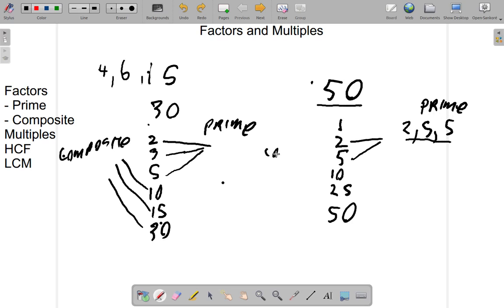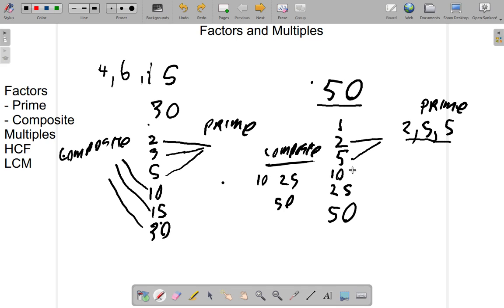Composite over this side. The composite ones would be, there is 10, there is 25, and there is 50. These are all composite factors of 50. Alright?